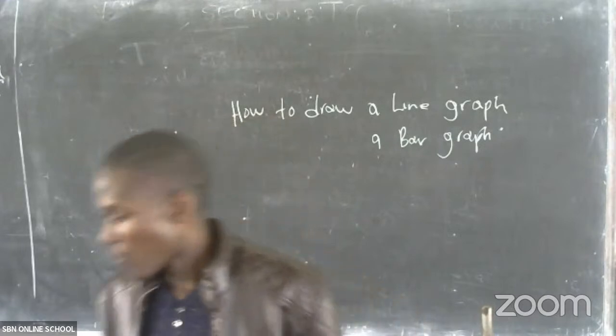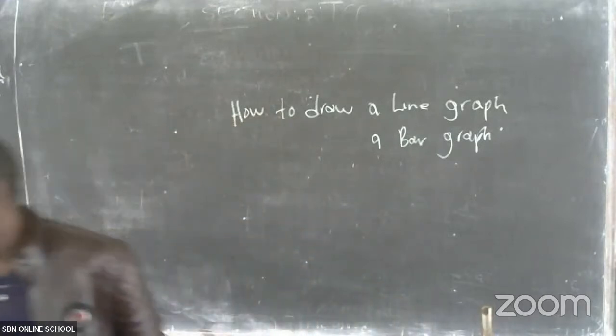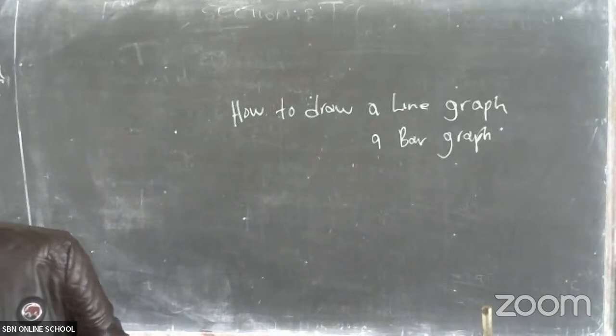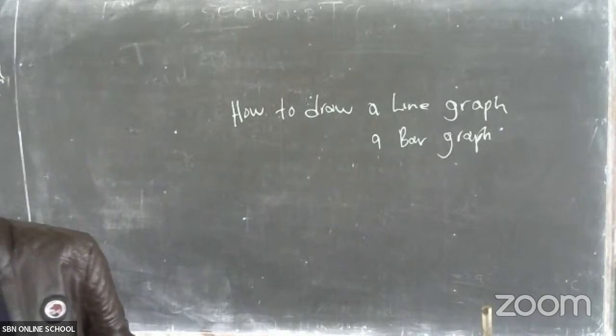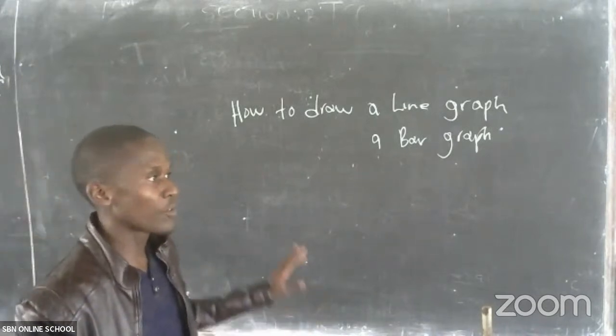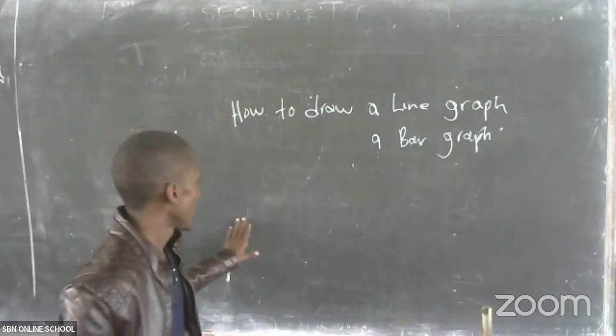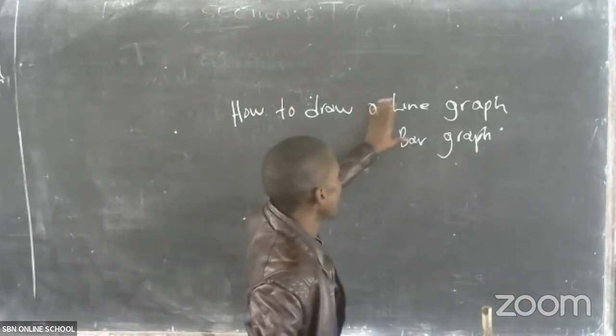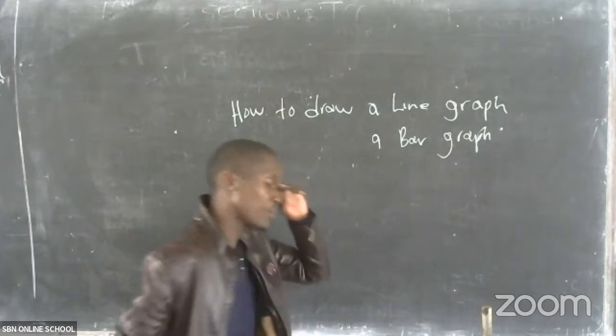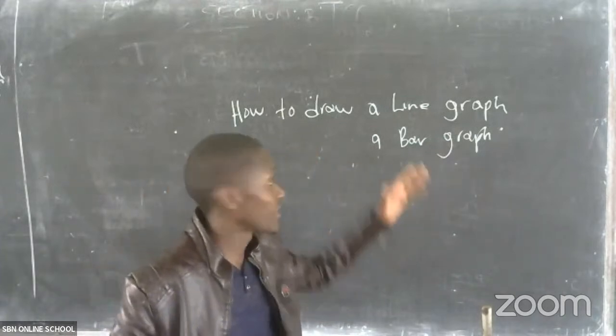Now, what we need to know about this graph, first of all, is that there is a difference between a combined bar line graph and these graphs.